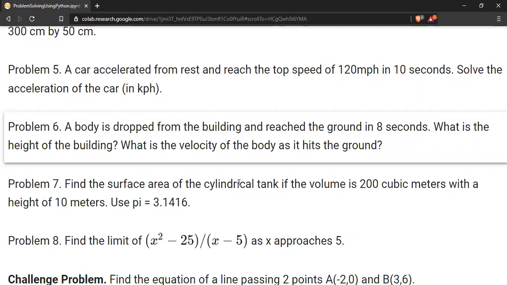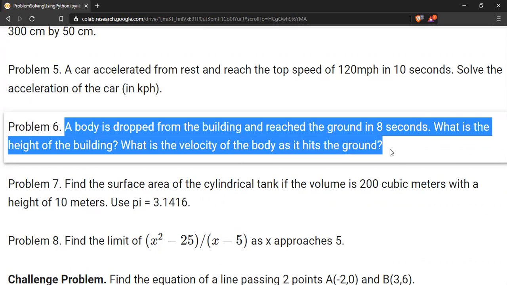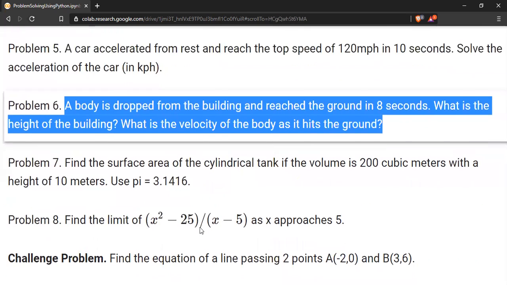So you will display two outputs here, the height of the building and the velocity of the body as it hits the ground. I'm sure you can still recall your physics topics back in your senior high school. So review that, because next semester you will have a physics course. Not under me, but under some teachers.